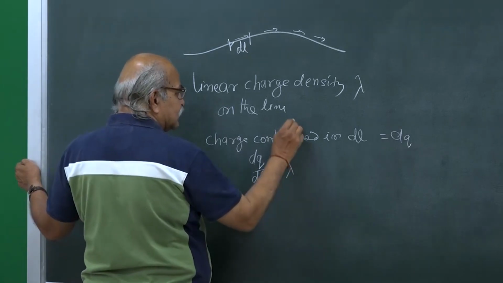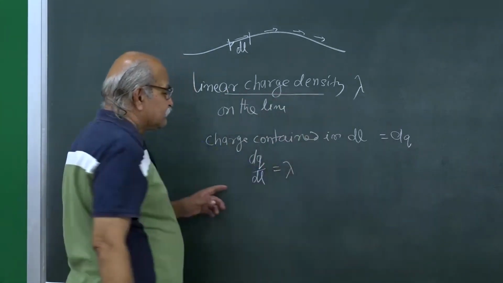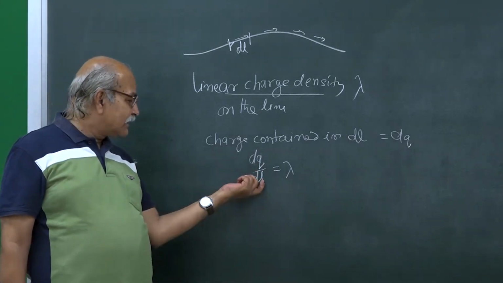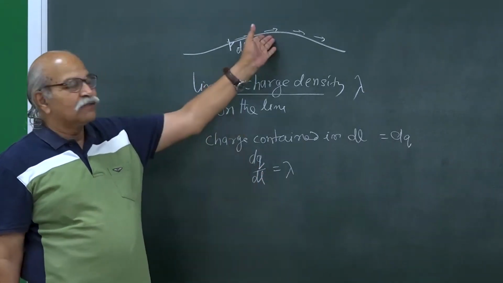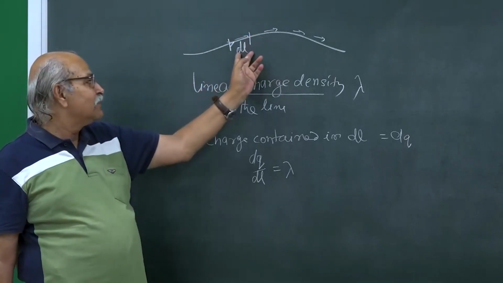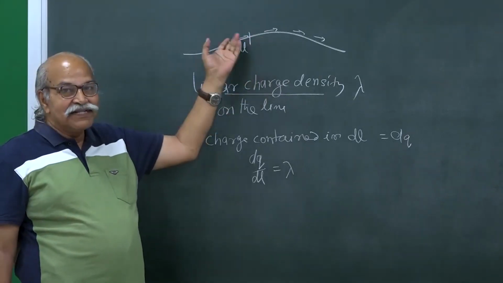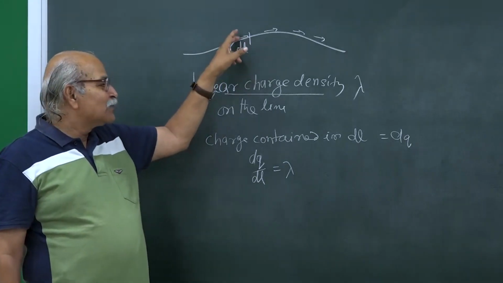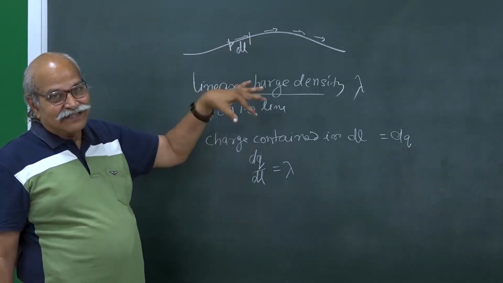This is your linear charge density. So, it is charge per unit length: take a length dl, see how much is charge, divide by dl.